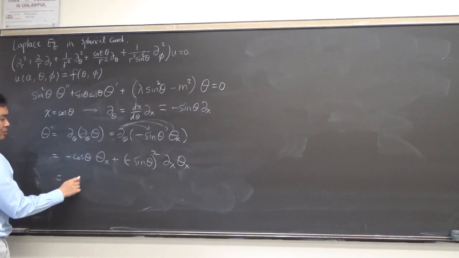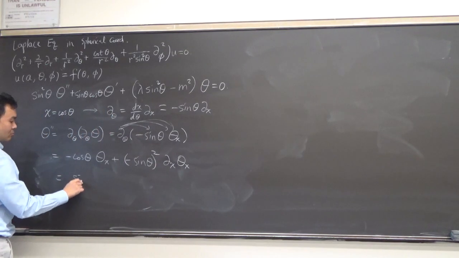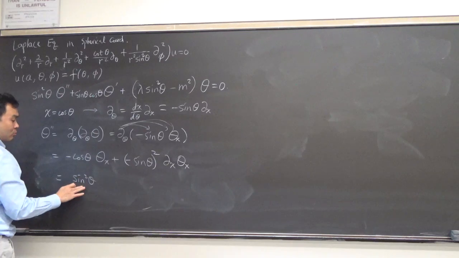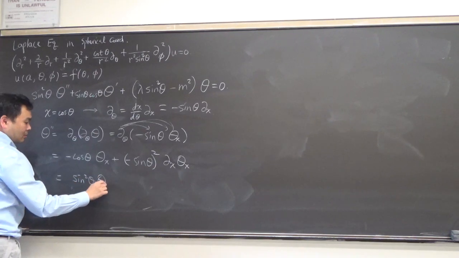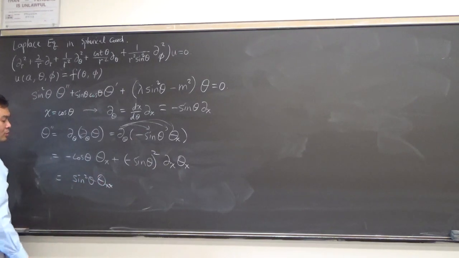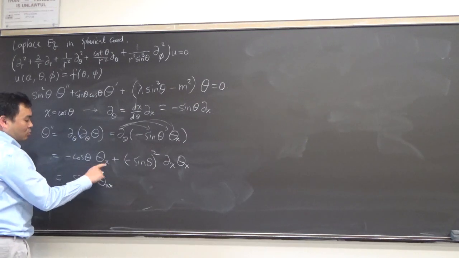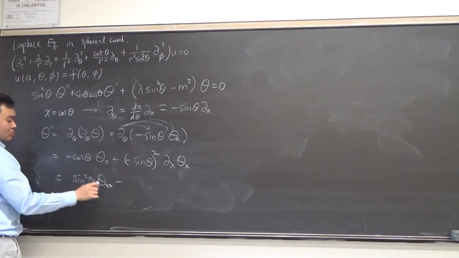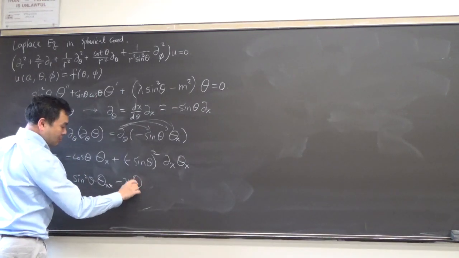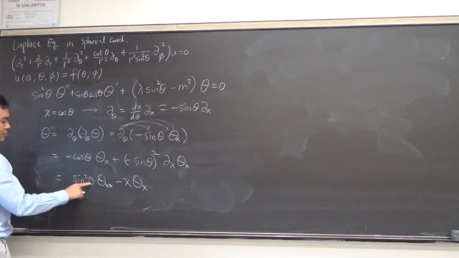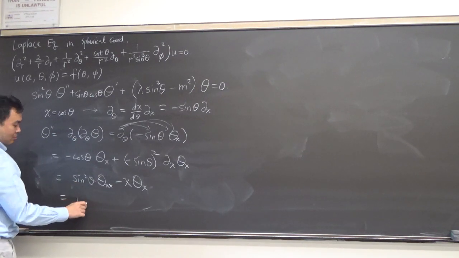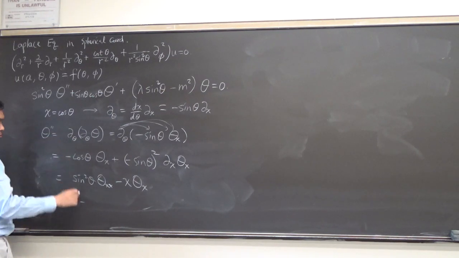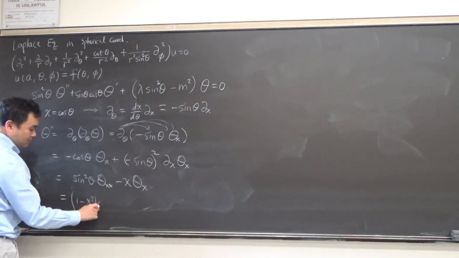So that's the same thing as sine squared of theta. This thing I'm going to write like this, theta x differentiated twice, and then this one would be minus, well, cosine theta is x, right? So I can write x like that. And sine squared theta is 1 minus cosine squared, but cosine is x, so you get that, right?